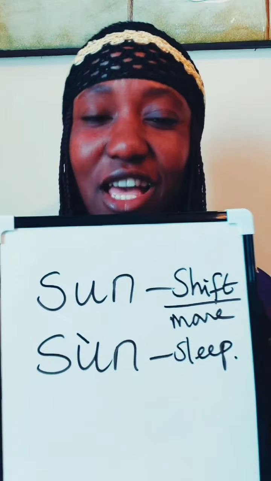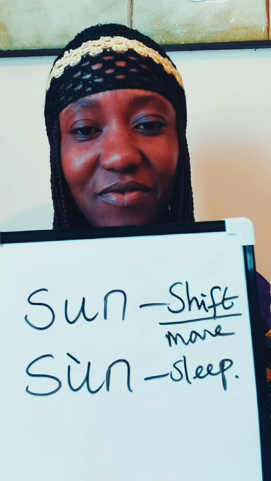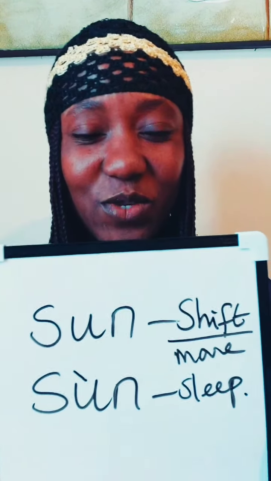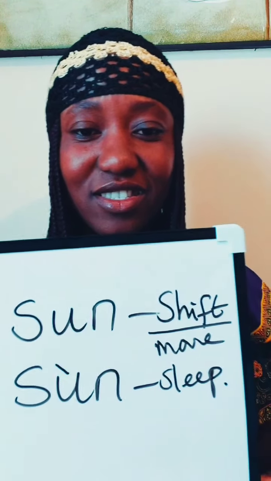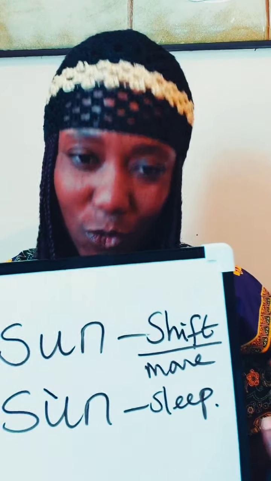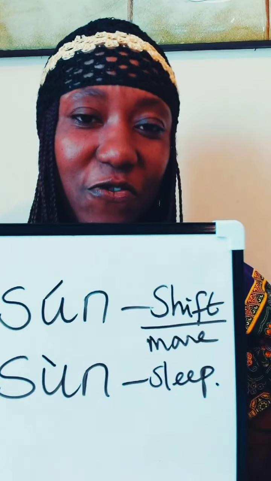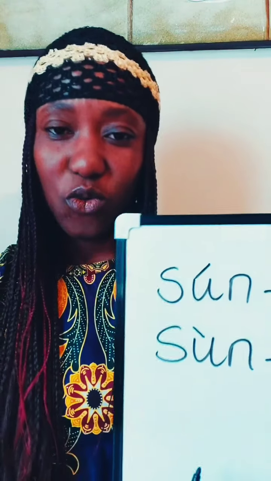So what about to move or to shift? Sleep is soon. Well done. That's really good. So what about to shift? Soon. Yes, soon is do. And the other one? Perfect. That is so good. Soon. To move or to shift. So we have me and do.